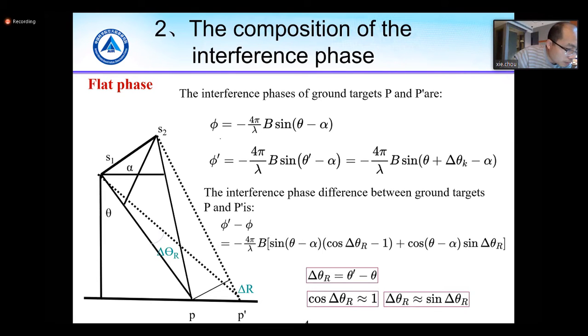Therefore, in order to obtain the phase that accurately reflects the height information of the target, we have to perform flat-earth removal. Then we can set up the relationship between the phase, the flat phase, and the baseline parameters.